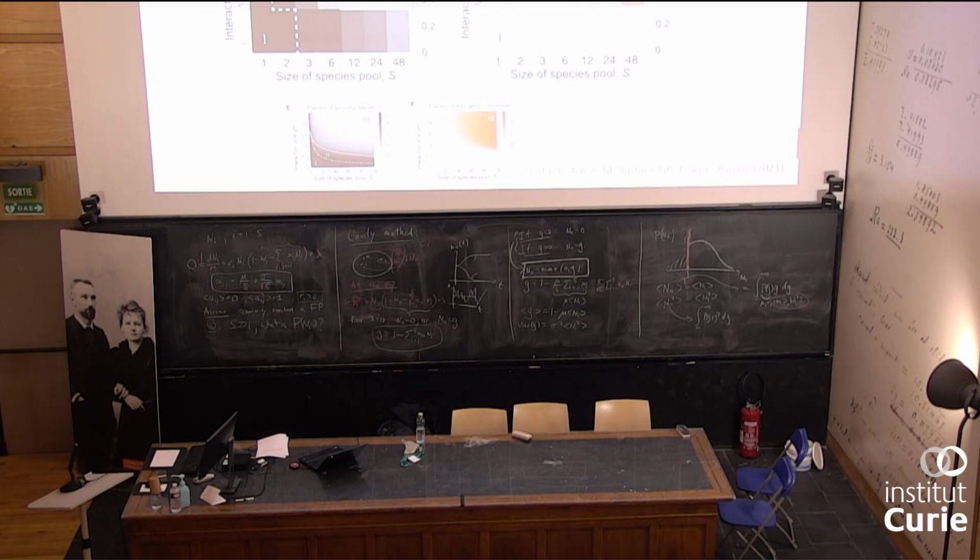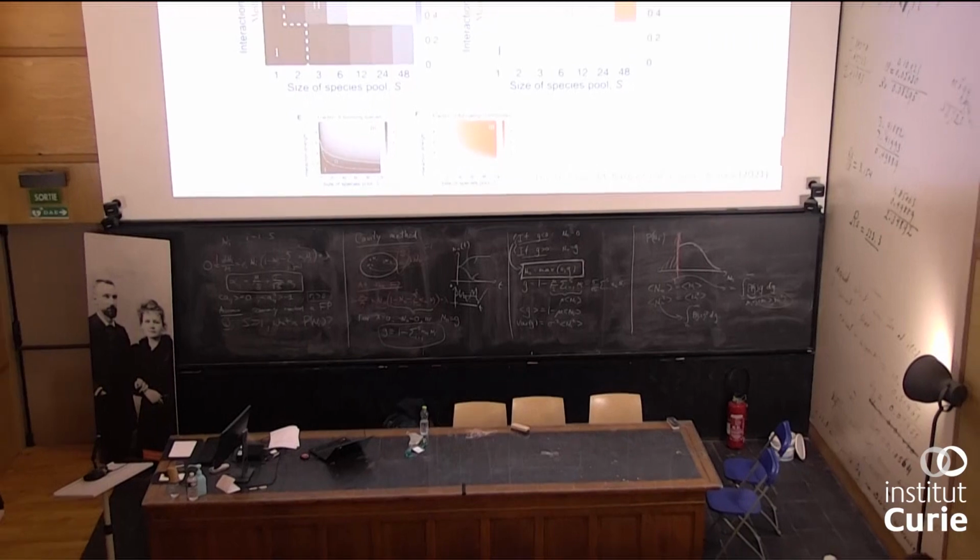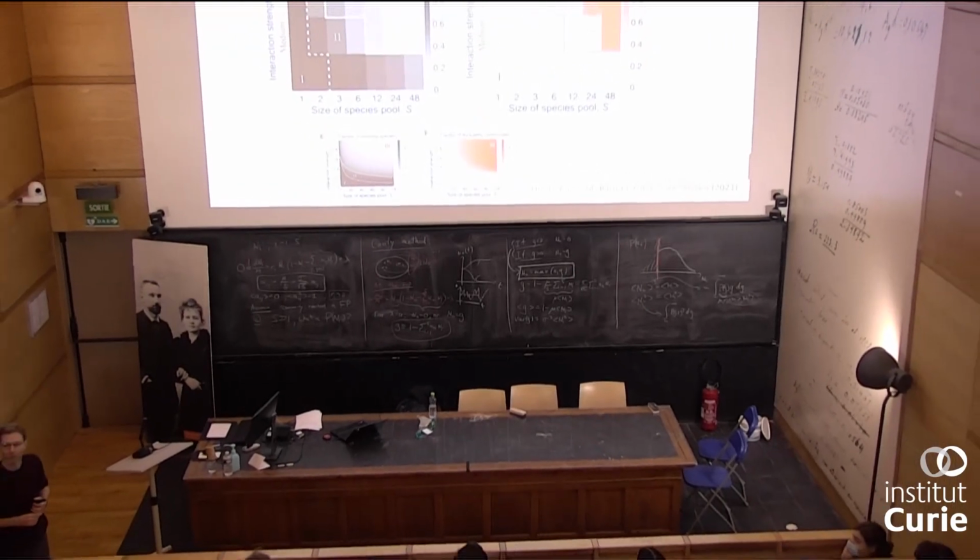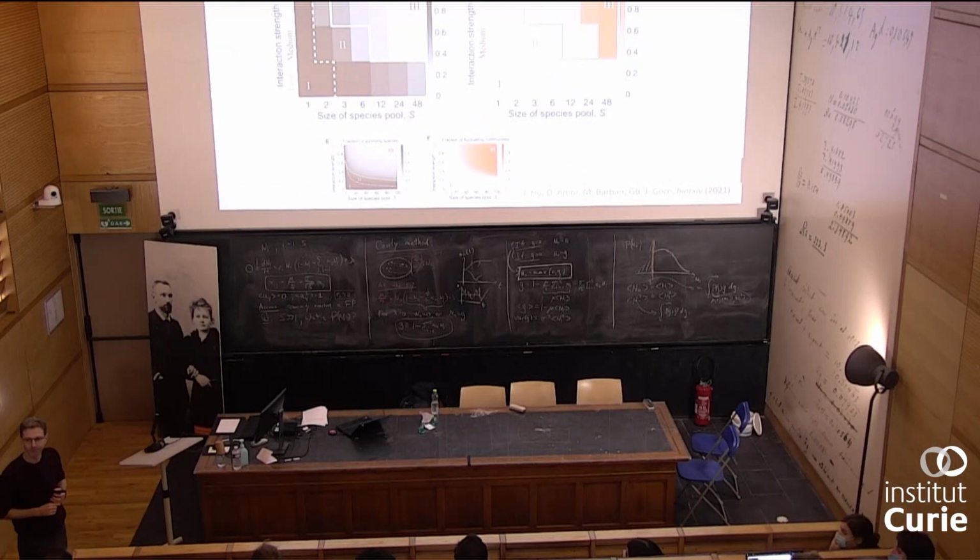Yeah. All the model deals with abundances that are just normalized by the carrying capacity. Indeed. But actually, when you do the 16S sequencing, you don't have this kind of abundance. What you actually measure is the relative abundance normalized for all the species. Different kind of normalization. I don't know how much it affects. No, I agree 100%.